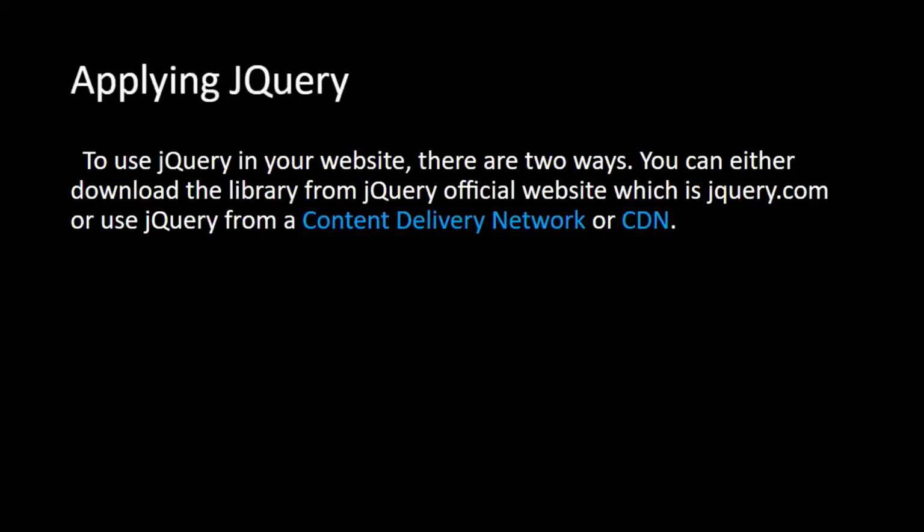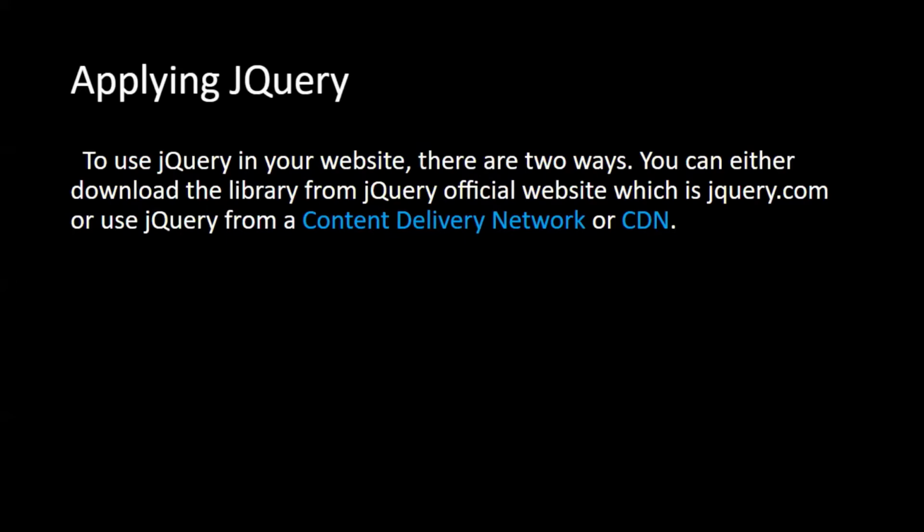Now, how can we apply jQuery? To use jQuery in your website, there are two ways. You can either download the library from the jQuery official website, which is jQuery.com, or use jQuery from a content delivery network or CDN.